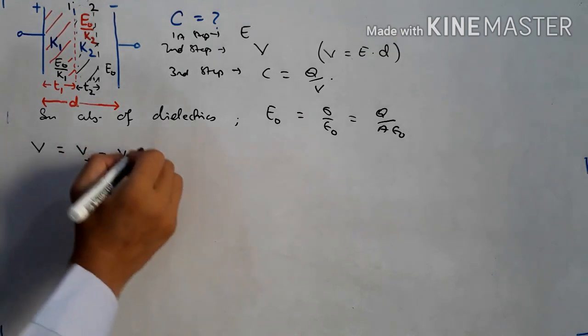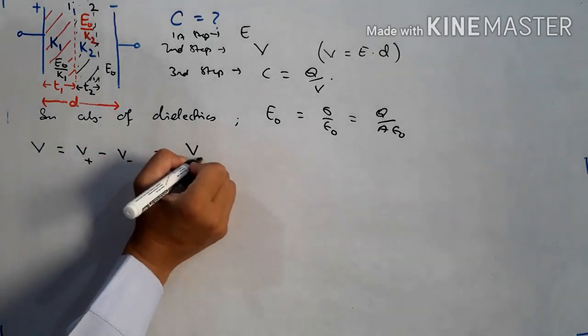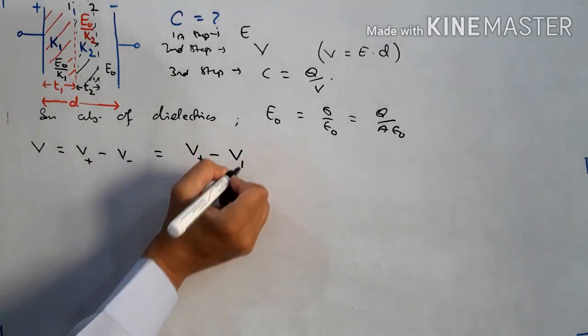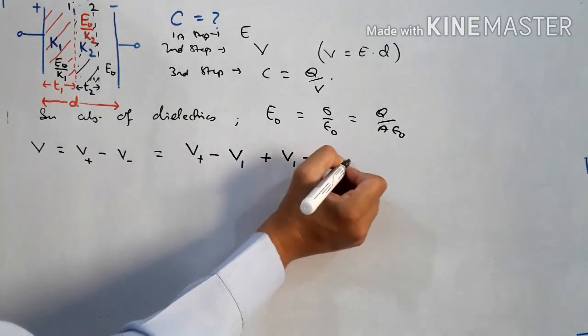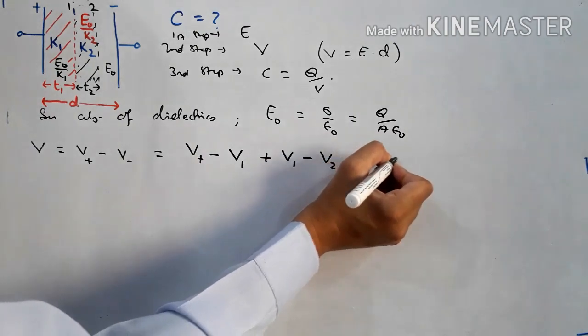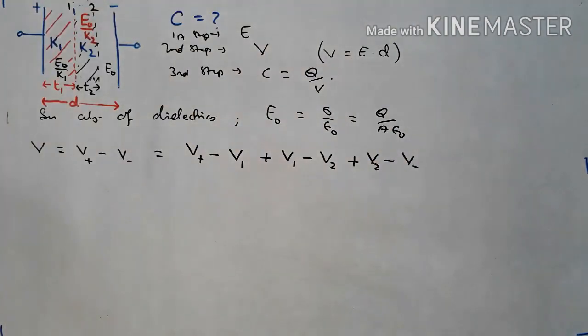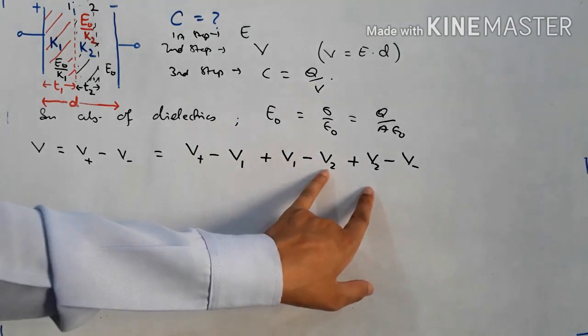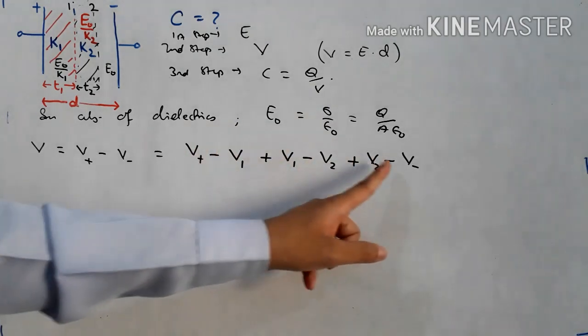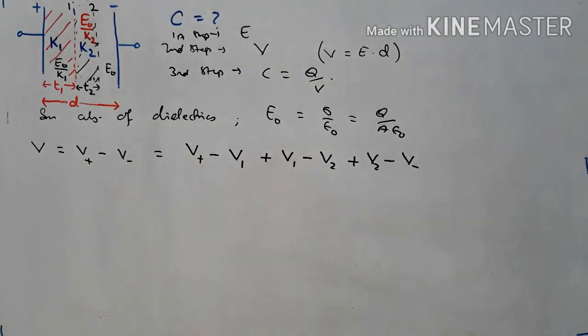Then V plus minus V minus, I can write like this: V plus minus potential of point 1 plus potential of point 1 minus potential of point 2 plus V2 minus V minus. You can see these two terms will cancel, we will be left with V plus minus V minus, that is what we wish.